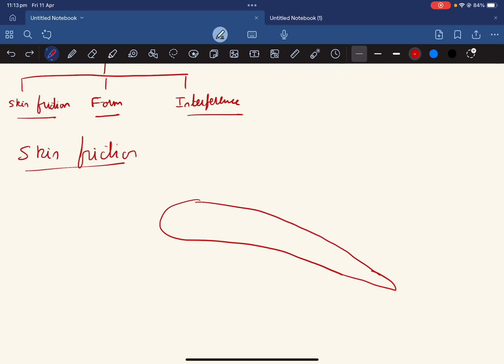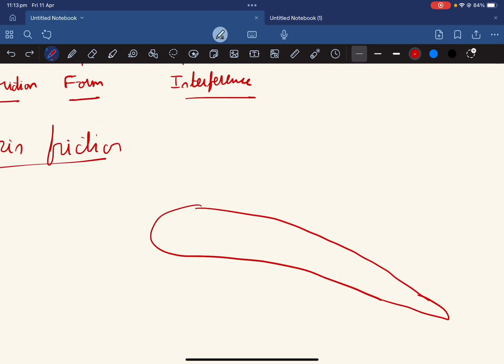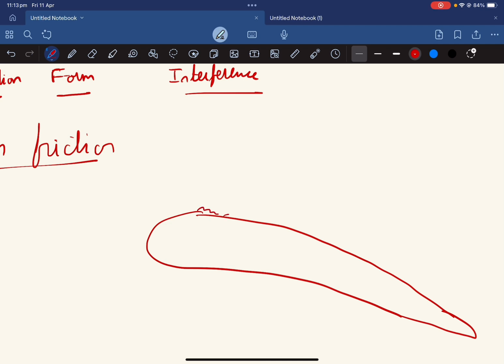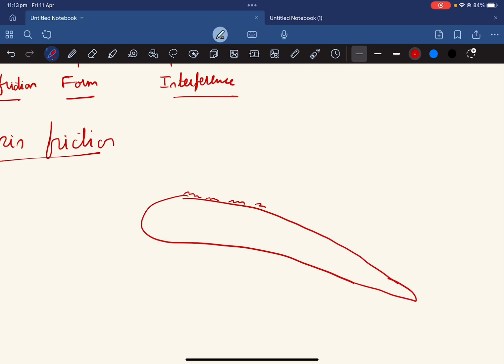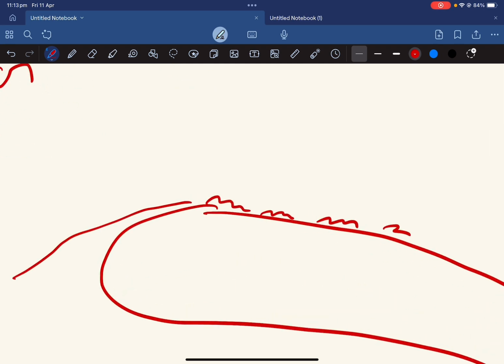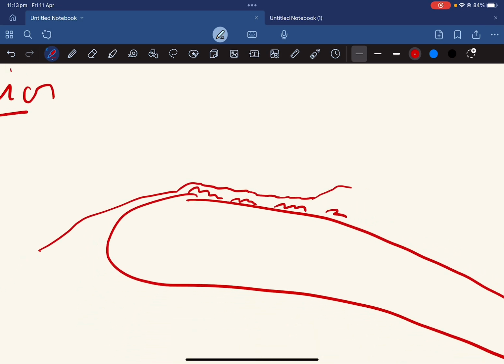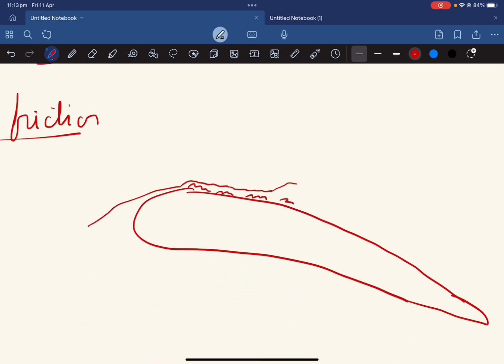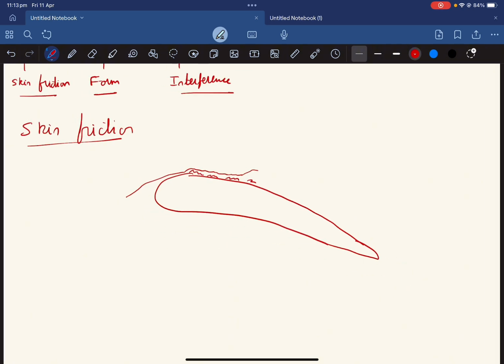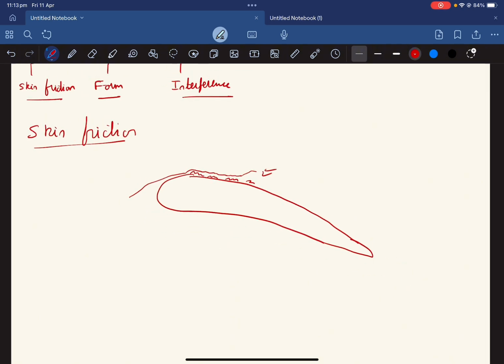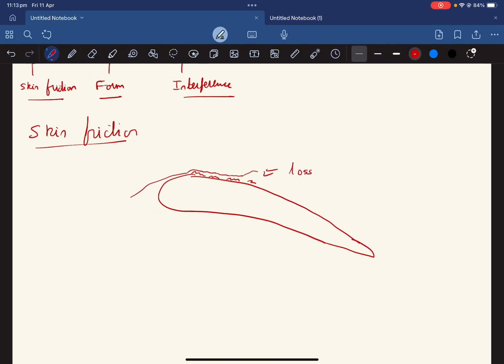Let's say the skin of the aircraft or the wing has some imperfections and roughness. When the air is flowing, this imperfection is going to make it turbulent. The airflow is going to lose its energy and turn into turbulent air. Makes sense? This turbulent air is, indirectly, a loss of lift.